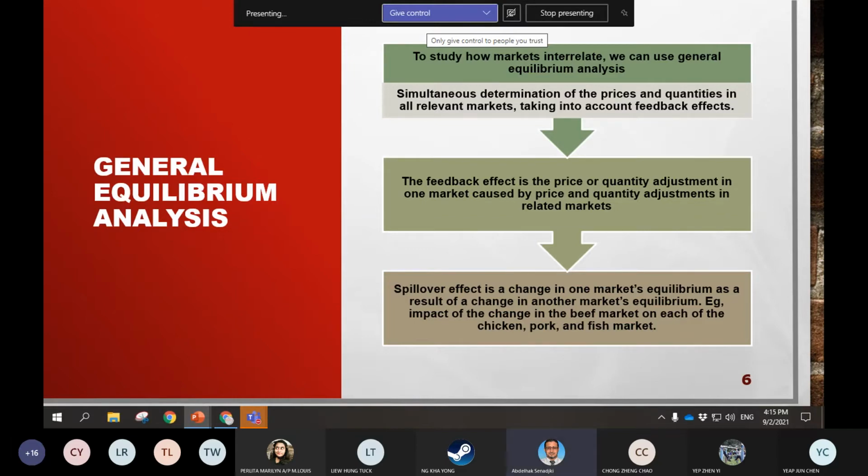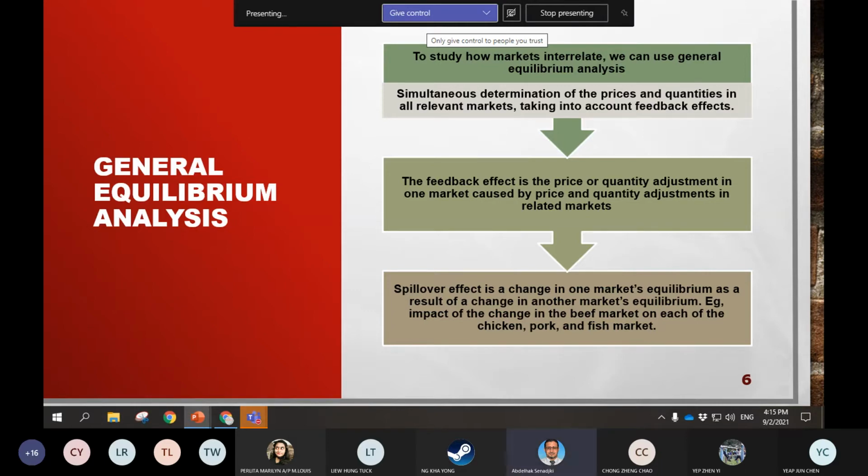And also we will have a spillover effect, which is a change in one market equilibrium as a result of a change in another market equilibrium. For example, the petrol price may increase due to reduced supply, such as during the pandemic, or vice versa, decrease because demand for petrol decreased in the global world.